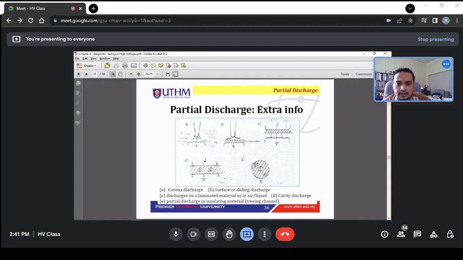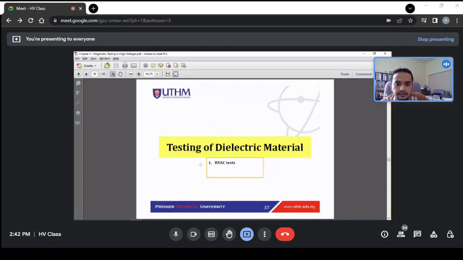Whenever we see any discharge activity around the surface, that is what we call partial discharge. When it happens across the two electrodes, then we call it flashover or full total discharge. This is partial, this is full.